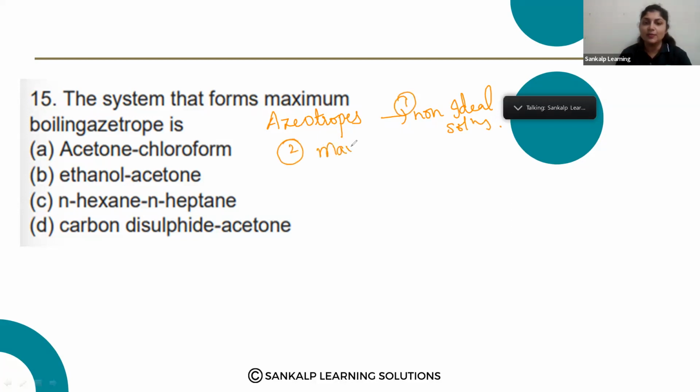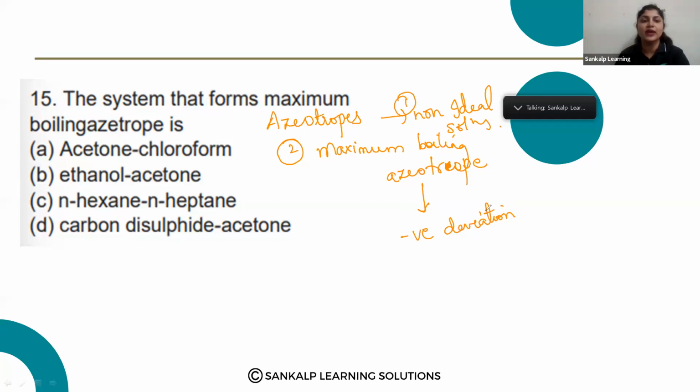They are called maximum boiling azeotropes, and they show negative deviation.